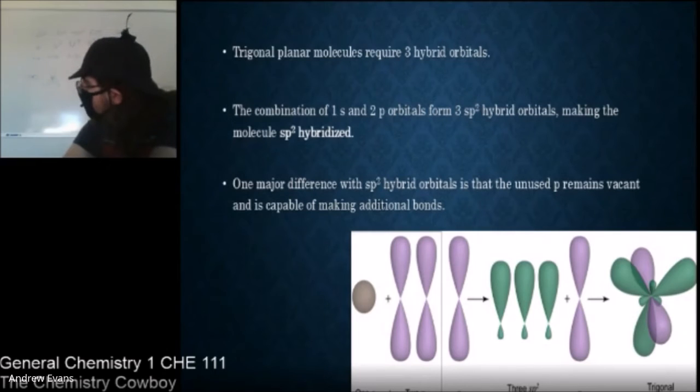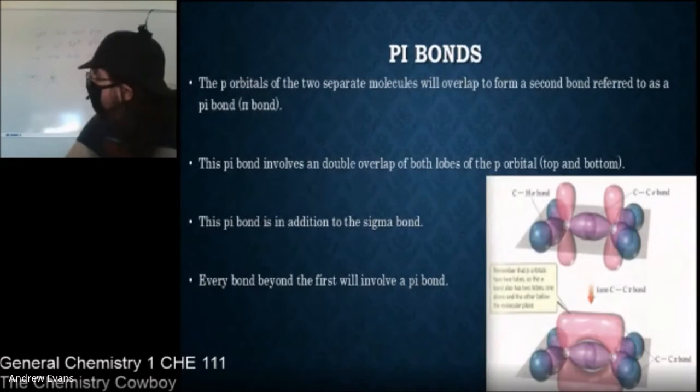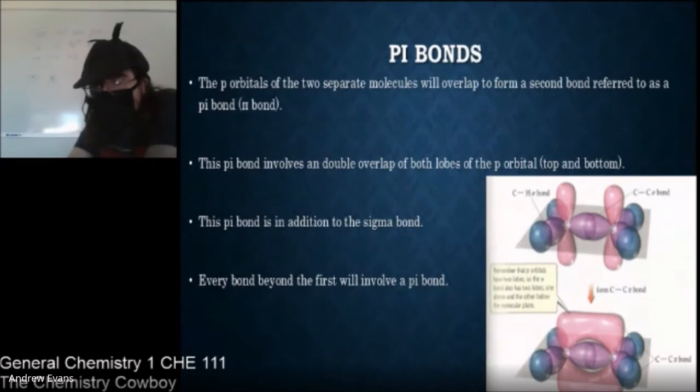That p orbital does get used. And so how are we going to do that? That introduces the bond we will deal with. So if sigma bonds are single bonds, we're going to have a pi bond being our double and triple bonds.